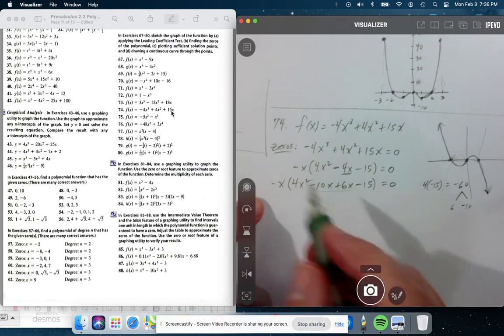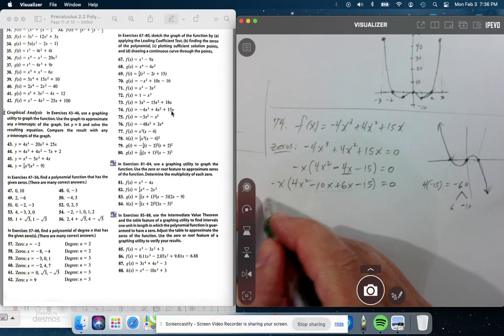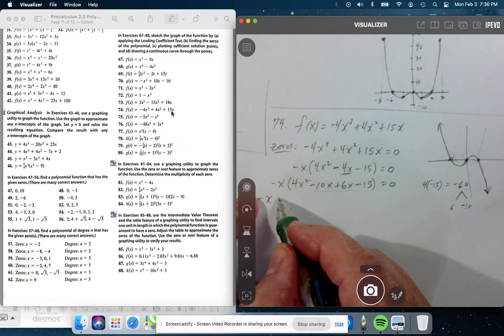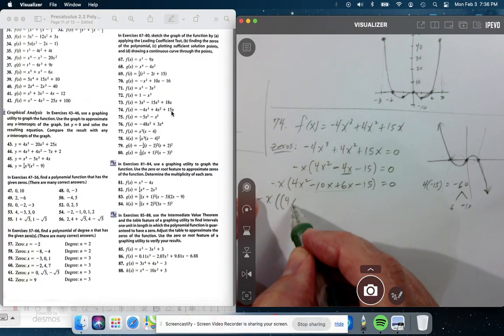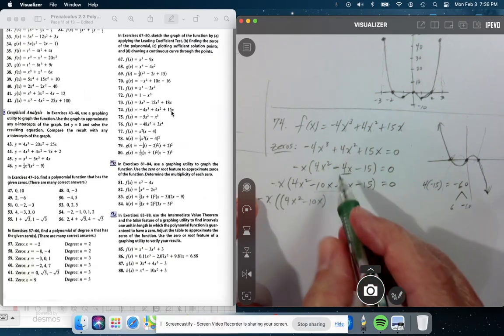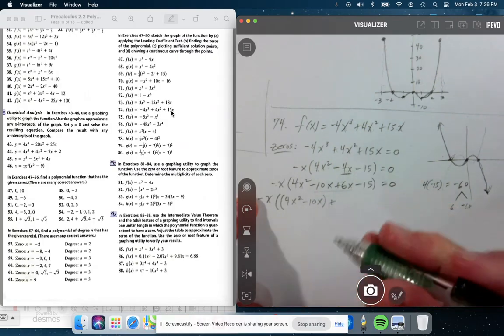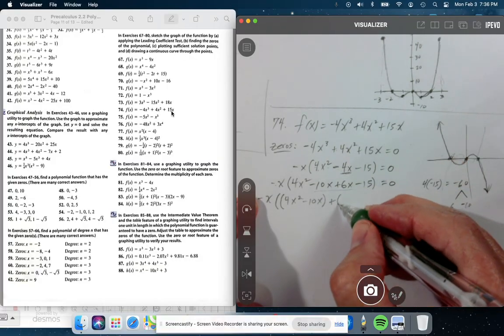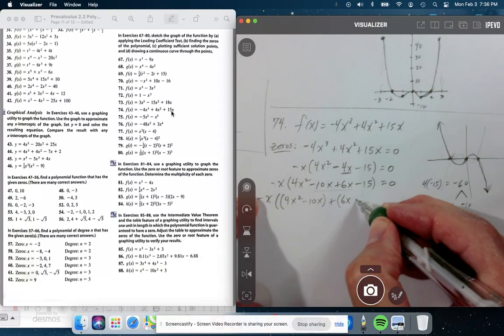Okay, the next step is to group these. So bring down my negative x, and I will group the 4x squared minus 10x, bring down the plus in the middle, and then we group these 6x minus 15.